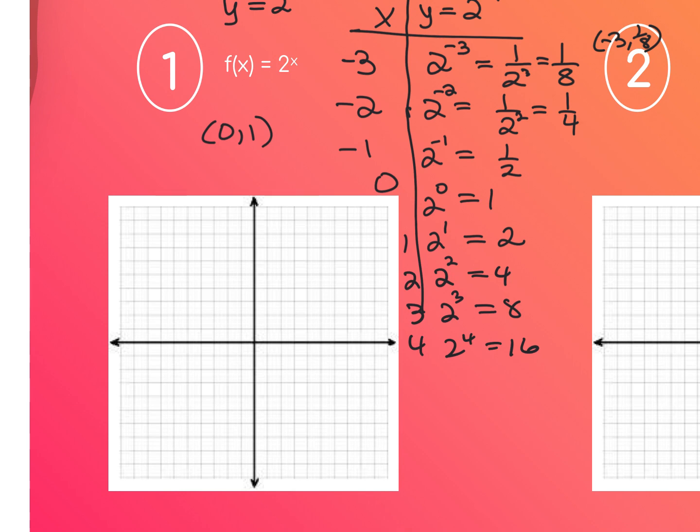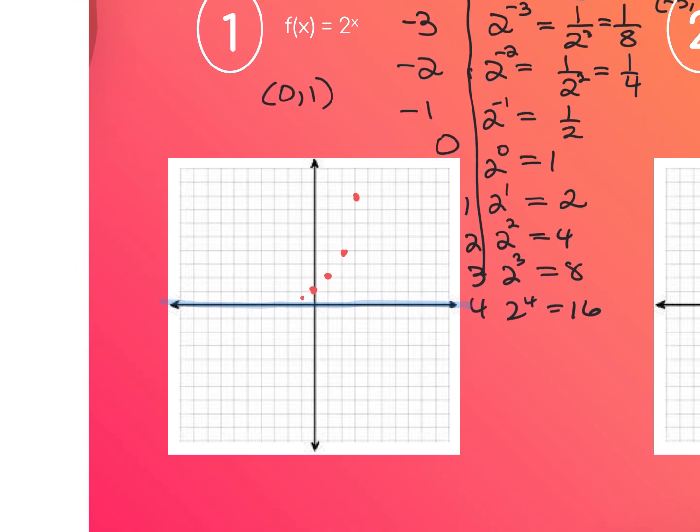So if I graph the ordered pair 0, 1, and then 1, 2, and then 2, 4, and then 3, 8, and then over here, if I go on the other side, the -1 and the 1/2, well, that's right here.